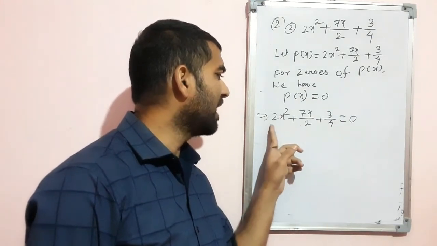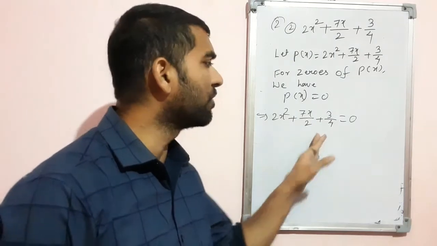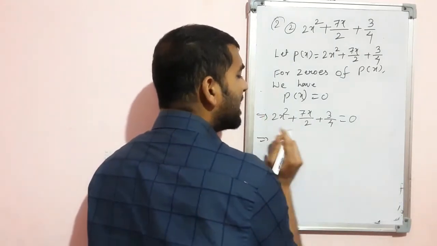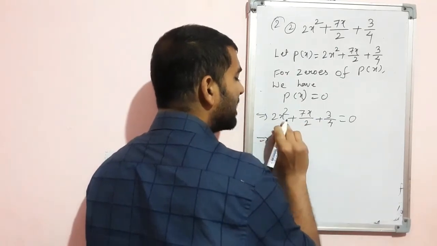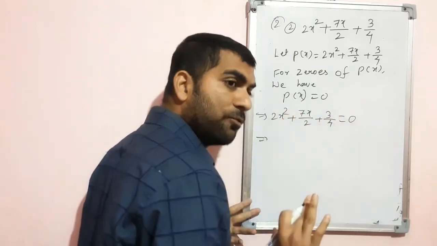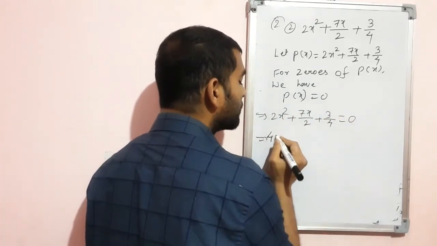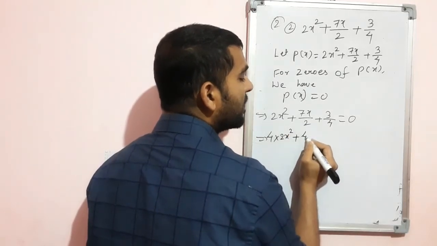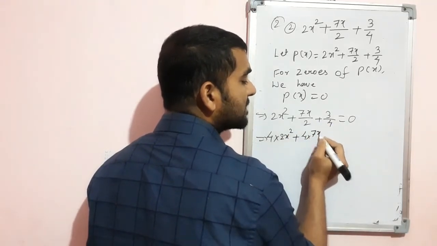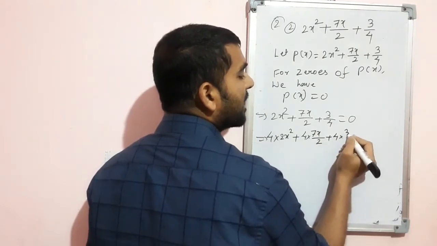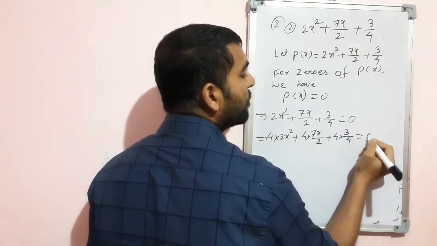LCM of 2, 4 and nothing here, meaning 1. LCM of 2, 4 and 1 will be 4. So we will multiply each and every term with 4. Multiply 4 into 2x square plus 4 into 7x divided by 2 plus 4 into 3 by 4 equal to 0 into 4.